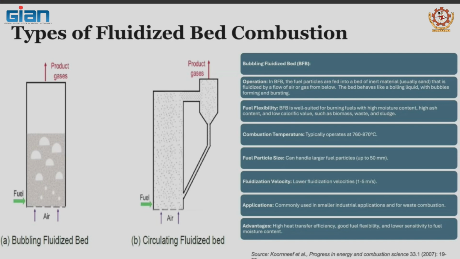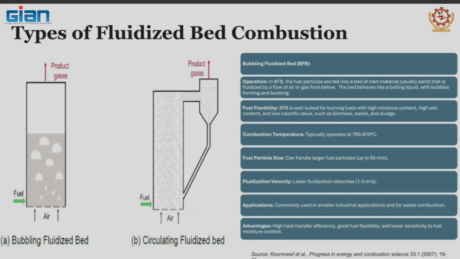In a fluidized bed, this is a lot better, and then you can burn a variety of solid fuels from coals of low calorific value to biomass or waste or even sewage sludge in these cases. So this is the basic idea.